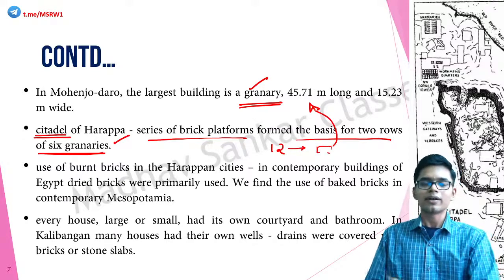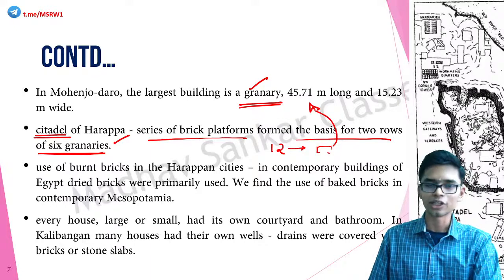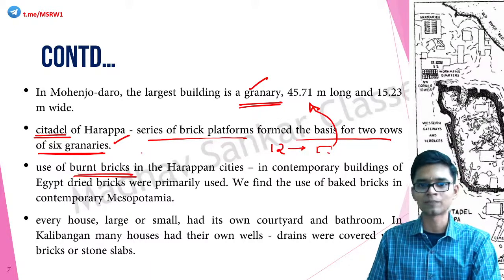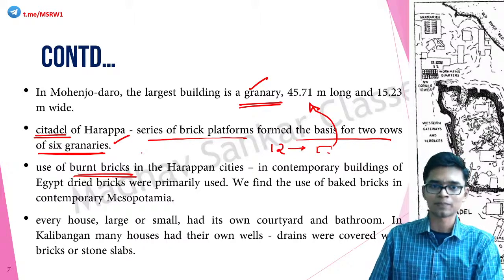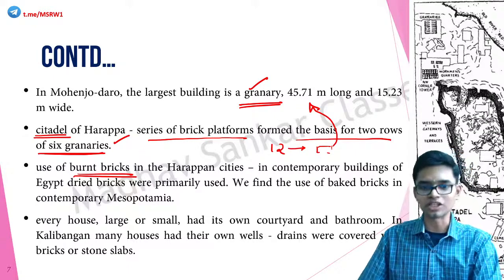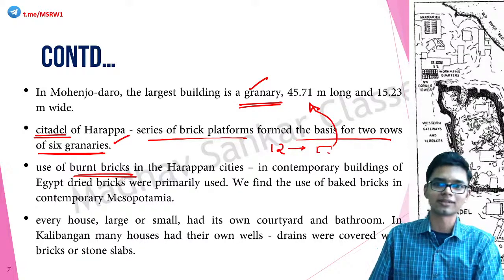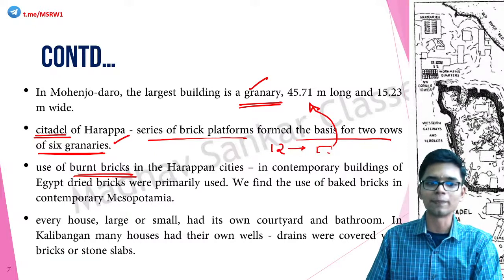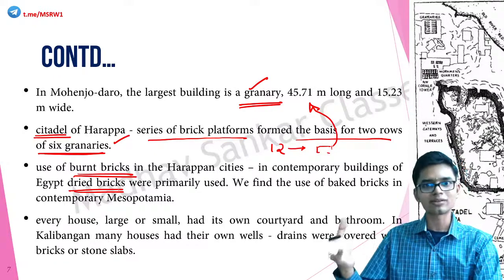All right. As I have already mentioned, the cities of the Harappan civilization used a lot of burnt bricks. Burnt bricks were very popular in Harappan cities. This is very much unlike the contemporary civilizations. In other civilizations which existed during this time, for example in Egypt, we do not come across burnt bricks. Most of the structures in Egyptian civilization were built using dried bricks, which means it's not that advanced.